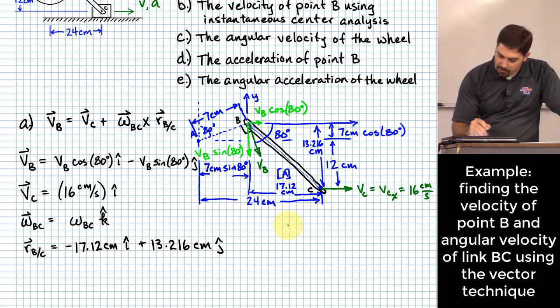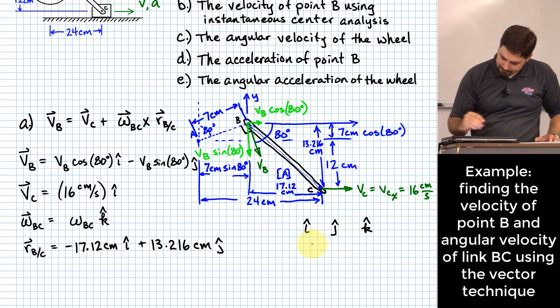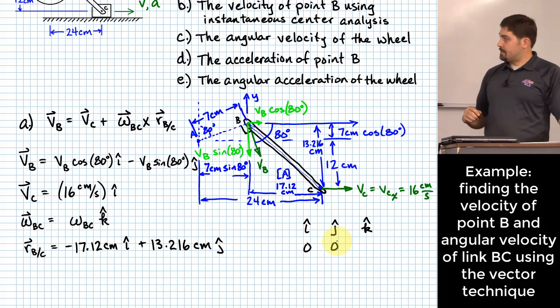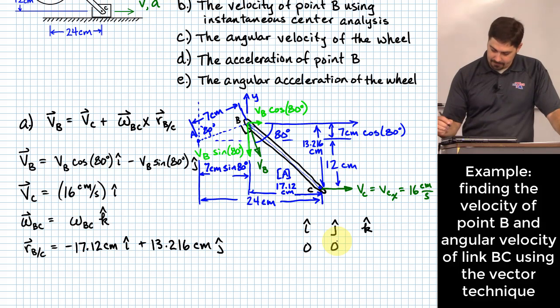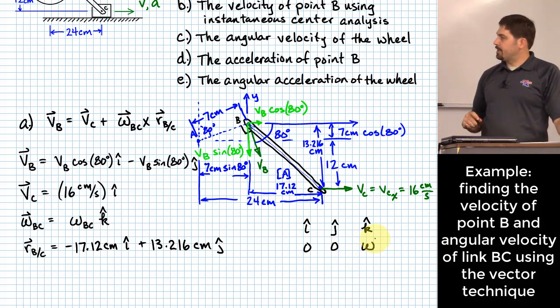So if we do that cross product, one way to do that is to basically think of a determinant made up like this, where, for our particular case, we're going to have 0 angular velocities in the i and j, and then we're going to have an angular velocity that's entirely in the k.